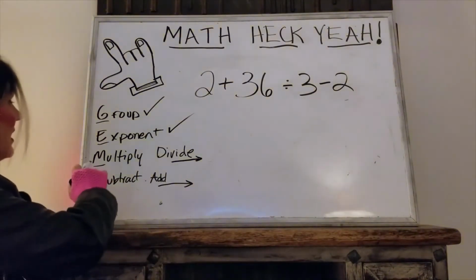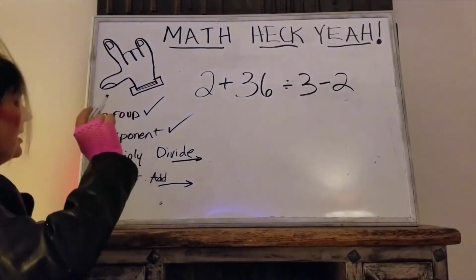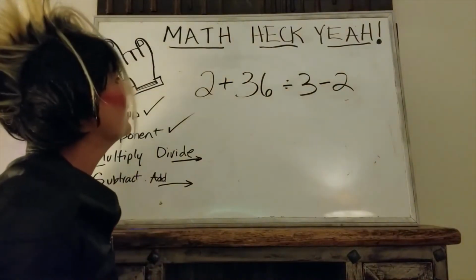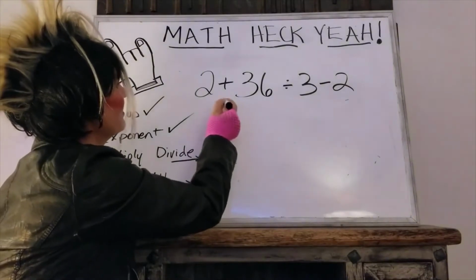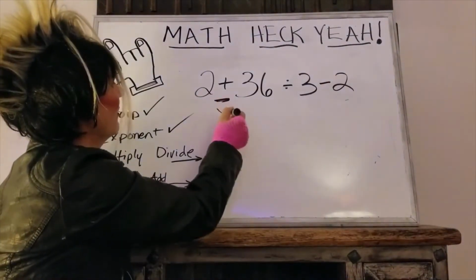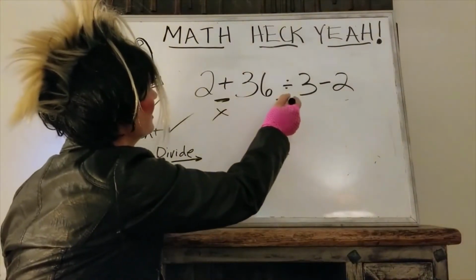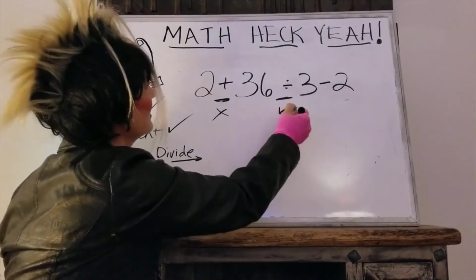Now it says M for multiply and or divide. You have to look at it. Is this a multiplication sign? No. Is this a division? Is this multiplication or division? Yes.